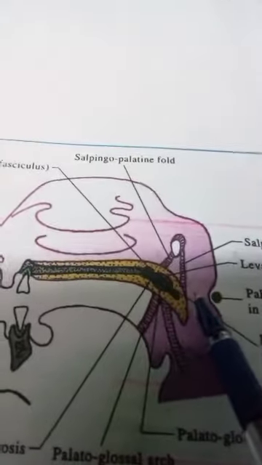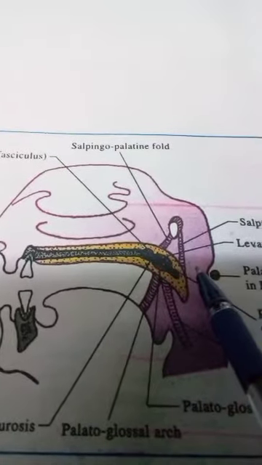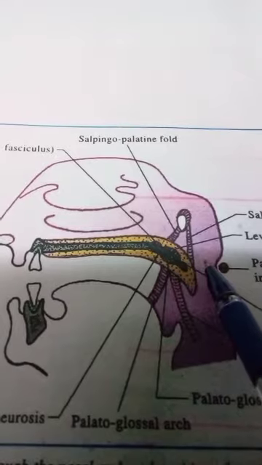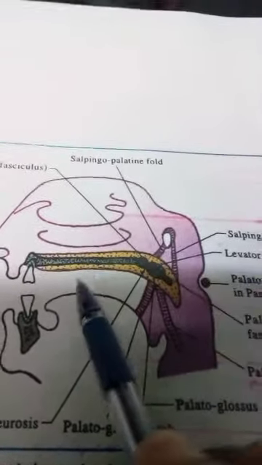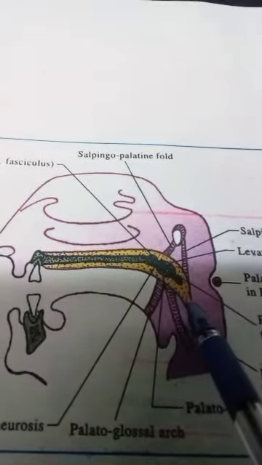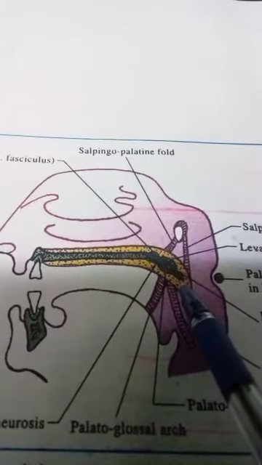Now this surface, anterior surface, it is concave and divided by a median longitudinal sulcus. It forms the posterior wall of the oropharynx. This is the oropharynx. This anterior surface of the soft palate is forming the posterior wall of the oropharynx.